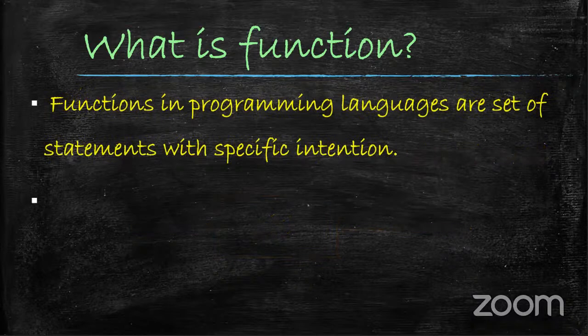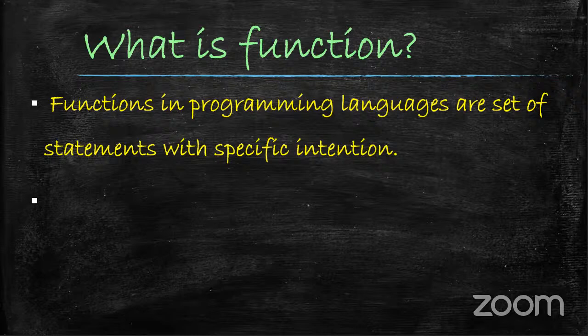Now, a function in programming languages is very similar to this, but instead of a mathematical operation, it has a statement or set of statements. So functions in programming languages are sets of statements with a specific intention. In the mathematical expression, x was used with a specific intention: g(x) was something, so x was first cubed, then divided by 4, plus something.